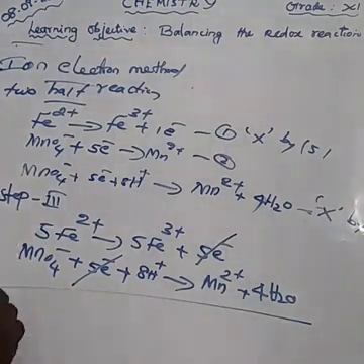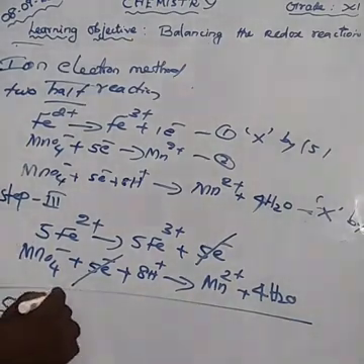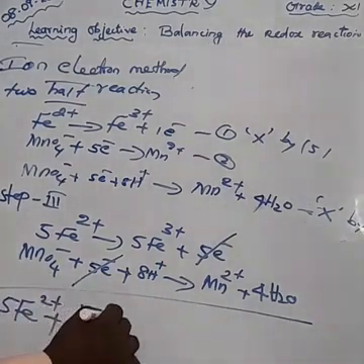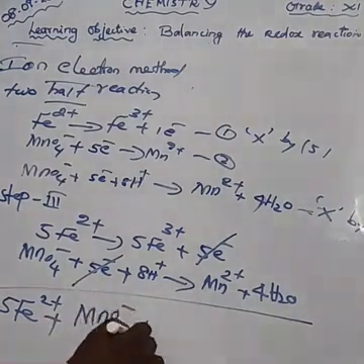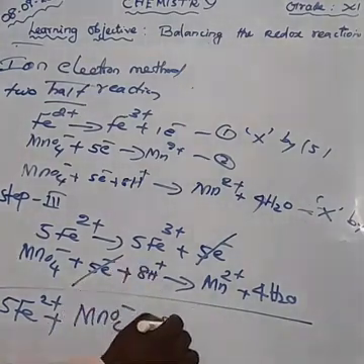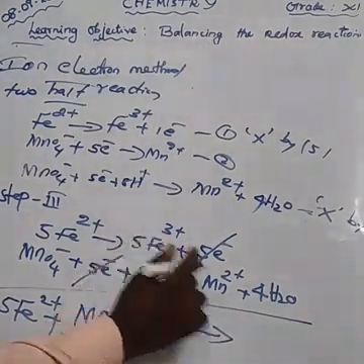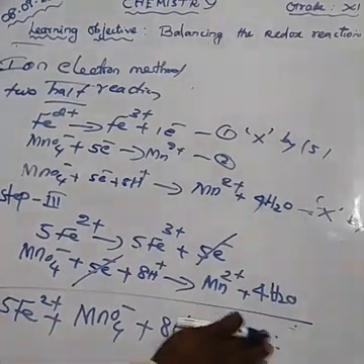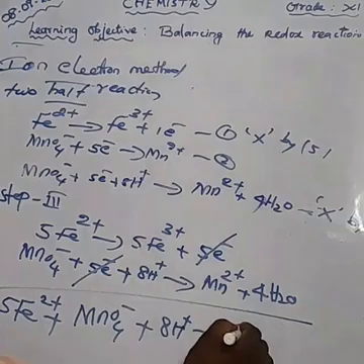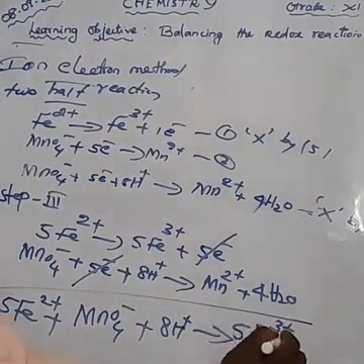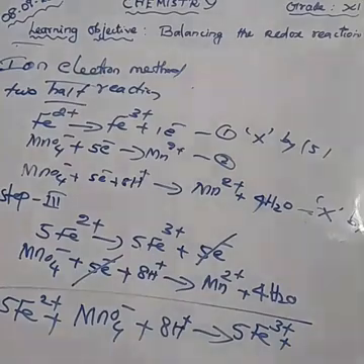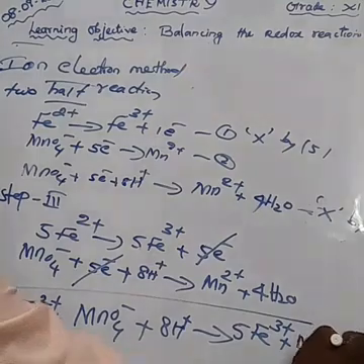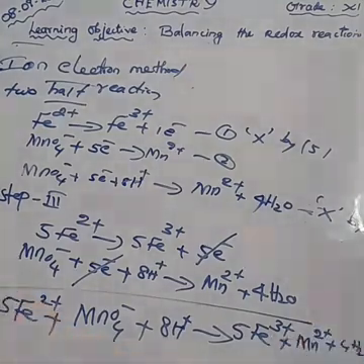So what's the answer? 5 Fe2+ plus, on the reactant side, MnO4- plus 8 H+ gives 5 Fe3+ plus Mn2+ plus 4 H2O. This is the equation.